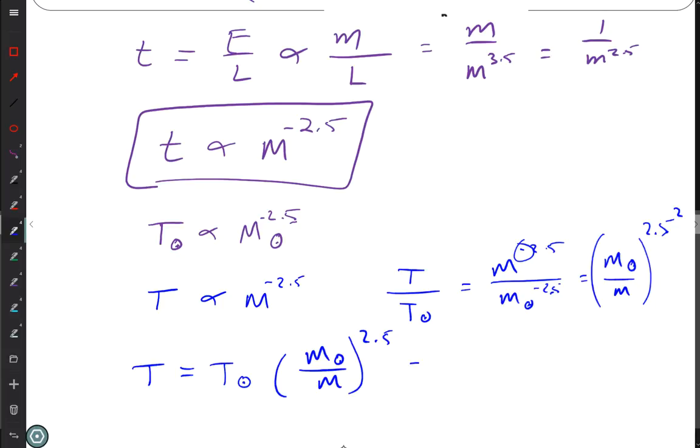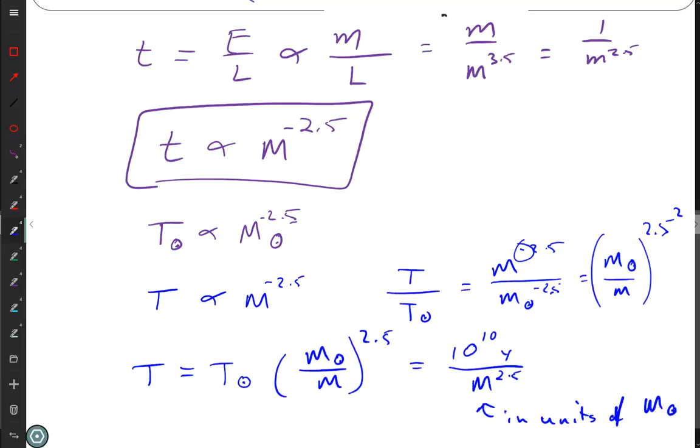Or as we usually write this, the lifetime of the sun has been calculated to be 10 to the 10th years, divided by the mass of that star to the 2.5 power, where the mass is in units of solar masses.